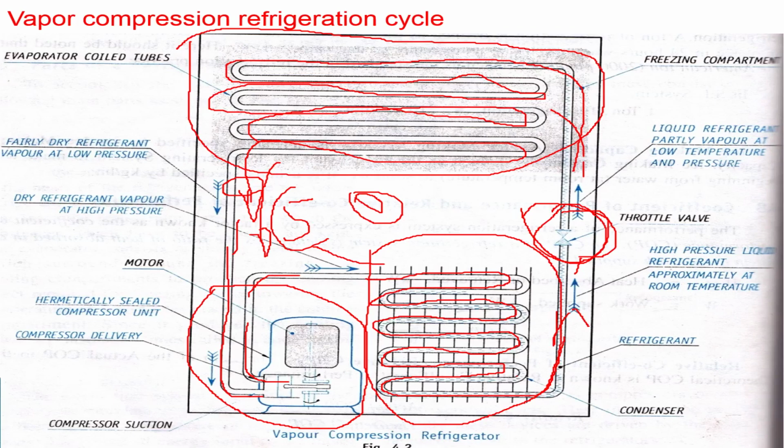Now the temperature drops very low, below 0 degree, maybe minus 20 or minus 15. Then again the cycle continues, low temperature, low pressure liquid refrigerant enters the evaporator and the cycle continues. This is how the vapor compression refrigeration cycle works. I hope you understand.